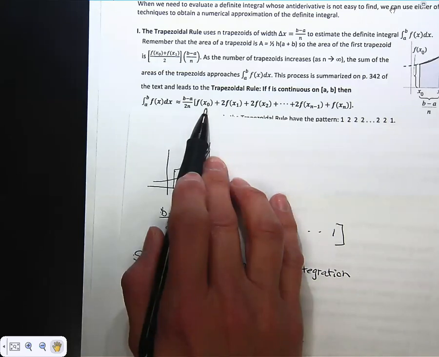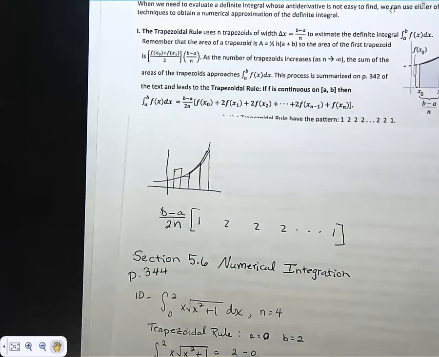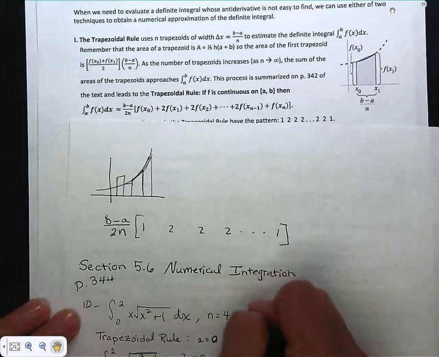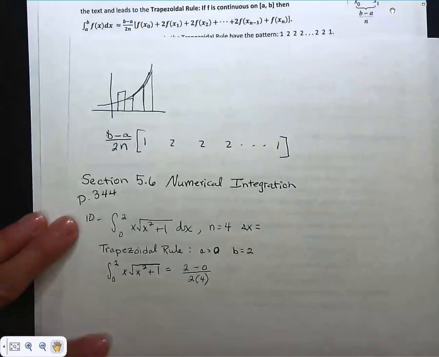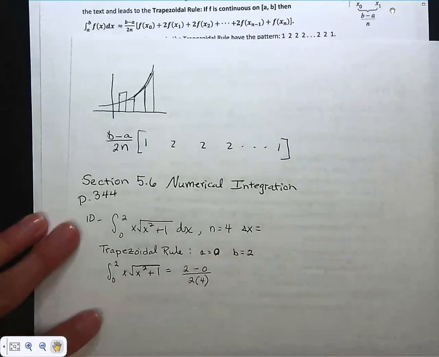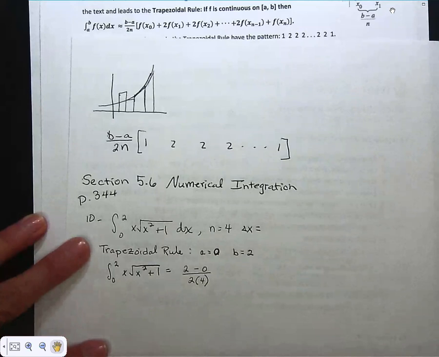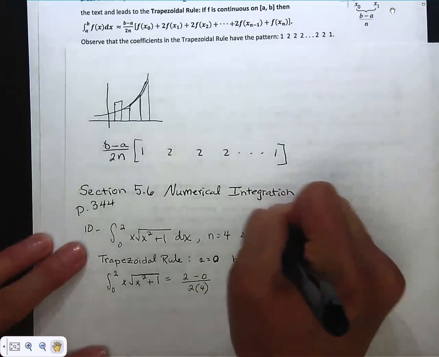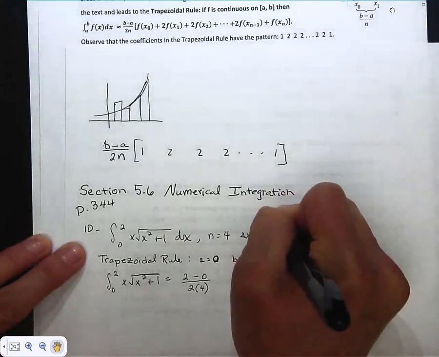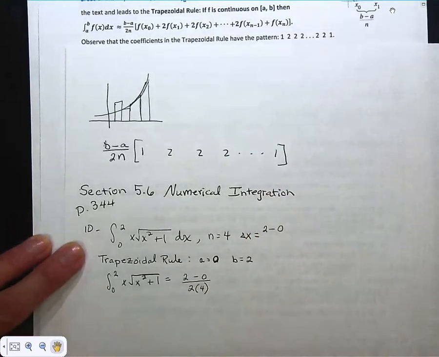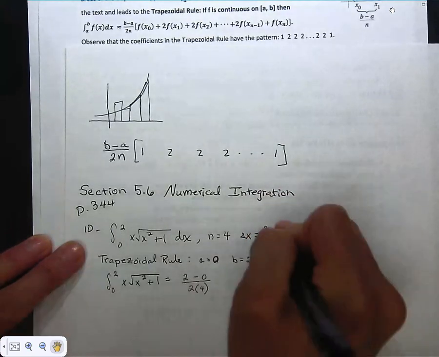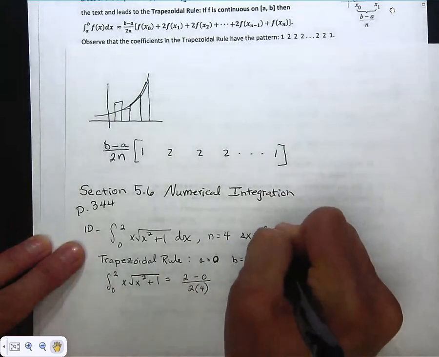You start with the 0 and you work your way up to the 2. But to know what to count by, you have to use the width of a trapezoid. The width of each trapezoid, and I'm just going to go back and put that right here, is delta x. And delta x is just the right endpoint minus the left endpoint, the length of the interval, divided by the number of trapezoids.